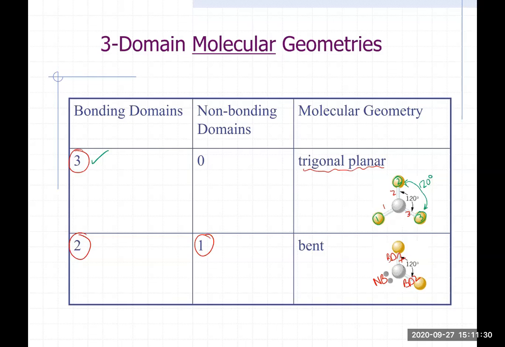Again, 3 domains. But what do we know about this non-bonding electron domain? We know that it is going to have a huge, big electron cloud associated with it, and it's going to put pressure on each one of these bonds. And when it puts pressure on each one of those bonds, it's going to move those 2 bonded atoms closer together. So the question is, will we honestly have a 120 degree bond angle here still?